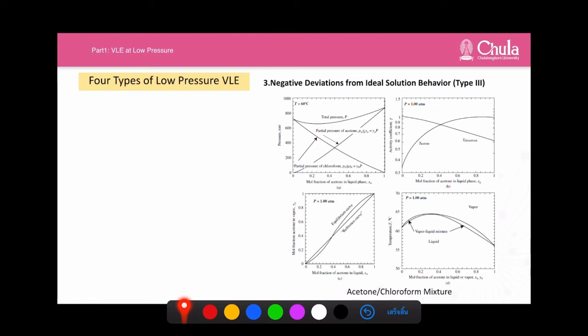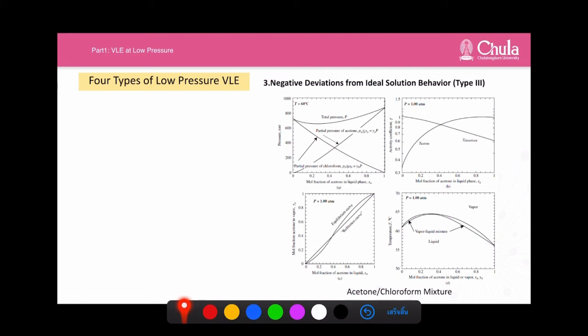So we can expect the total pressure to be smaller than what we can expect from pure component. You see that in the solution, the total pressure is smaller than we can find in the vapor pressure of pure component.